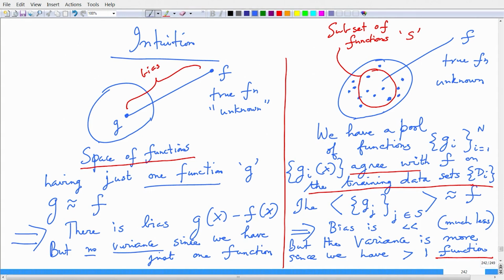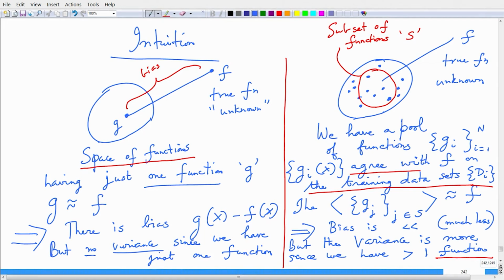Now you have a data set d suffix i, and associated with this training data set d suffix i you have a function g suffix i that agrees with the true unknown function.